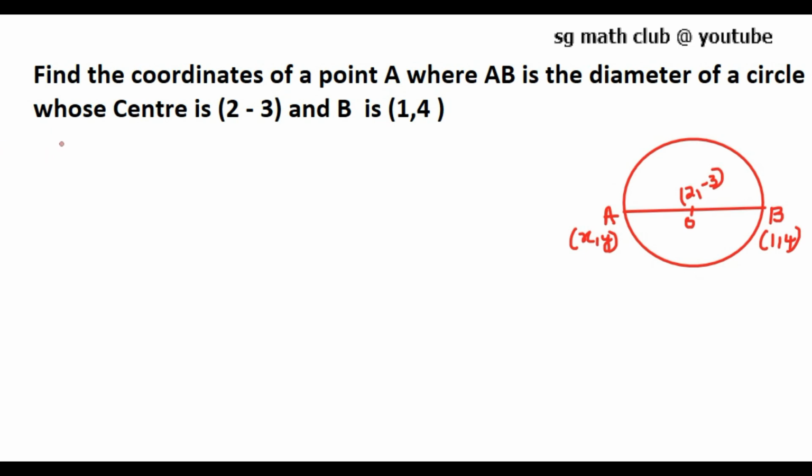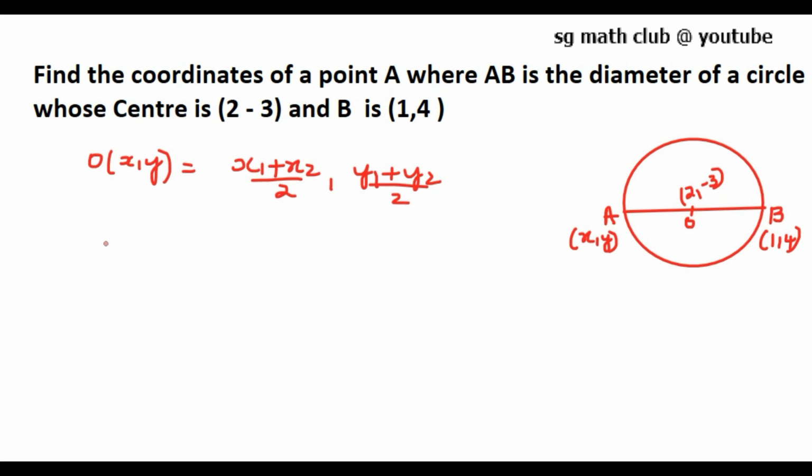So here also we can use the midpoint formula. If O is the midpoint, the midpoint formula is given as (x1 plus x2) by 2 and (y1 plus y2) by 2.